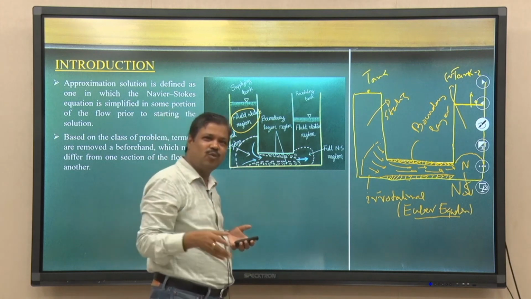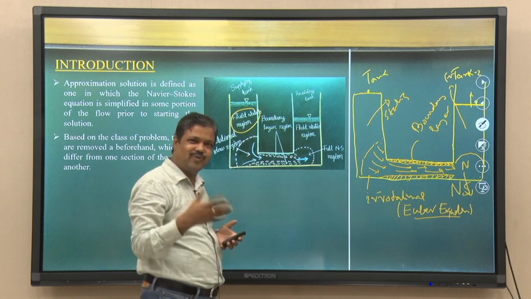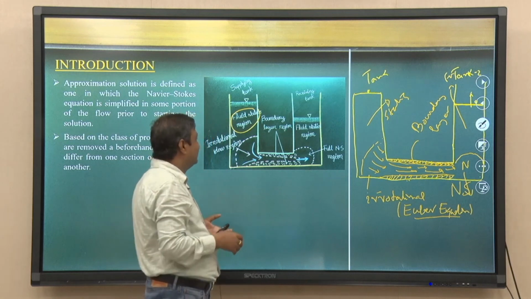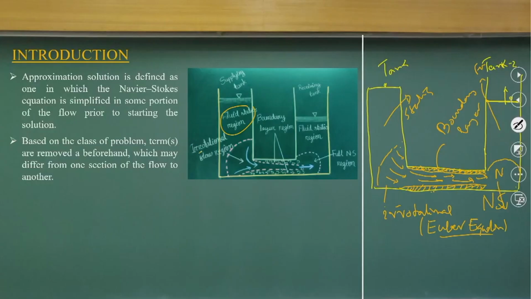So, only the gravity force and the pressure field, that is what we discussed. There is a region where the flow is irrotational, where only the streamlines will come like this. There are regions close to the wall where they have boundary layers, there will be large vorticity, viscous dominance will be there.